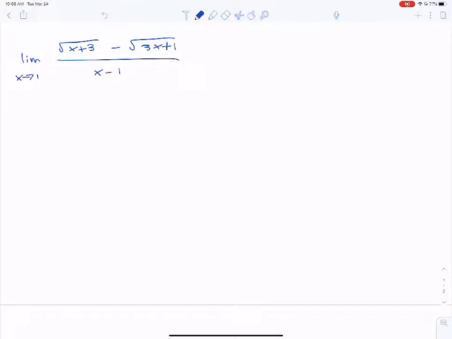And in order to do that, I said I was going to multiply by the conjugate of the numerator. So I'm going to multiply both top and bottom by this. Whoops, excuse me.